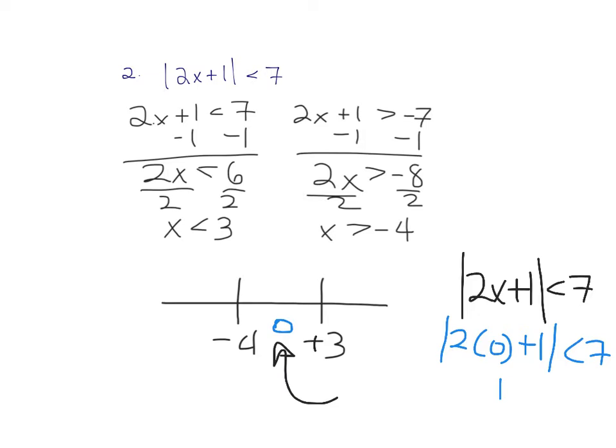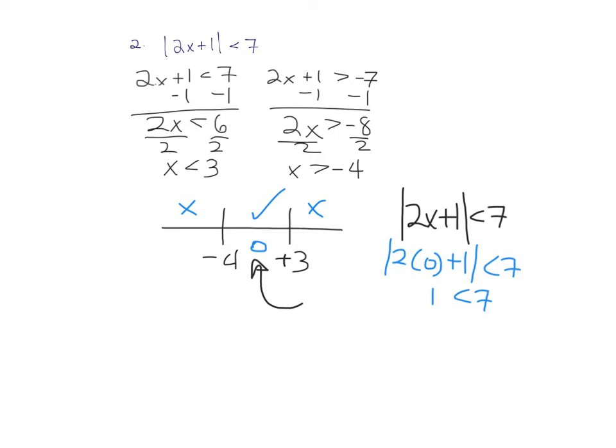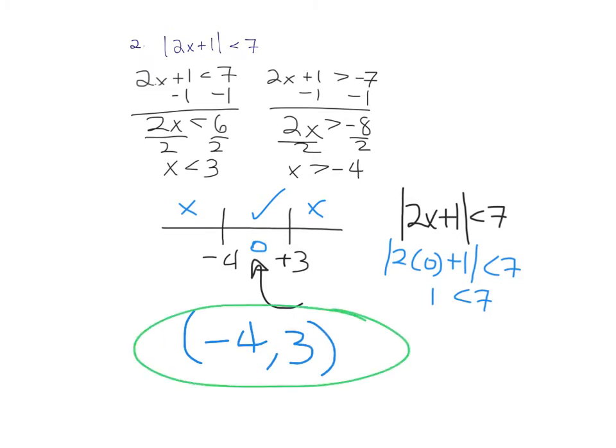Absolute value of 1 is 1. Is 7 greater than 1, or is 1 less than 7? Yes, it is. So you put the check mark in the middle. The ends would get X's. So in interval notation, you're going to write it with parentheses because it was just a less than symbol. And there's your answer. This is the answer I want to see.